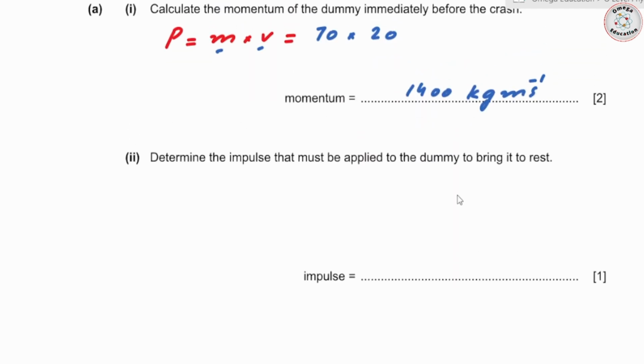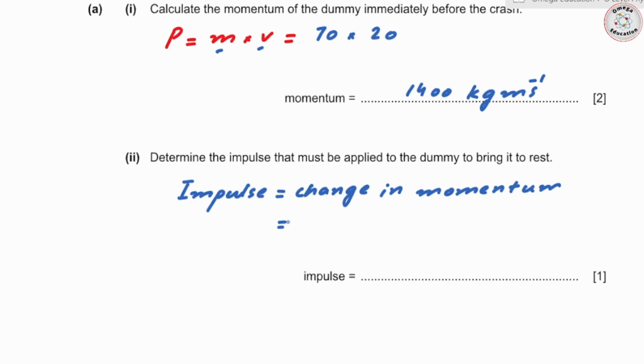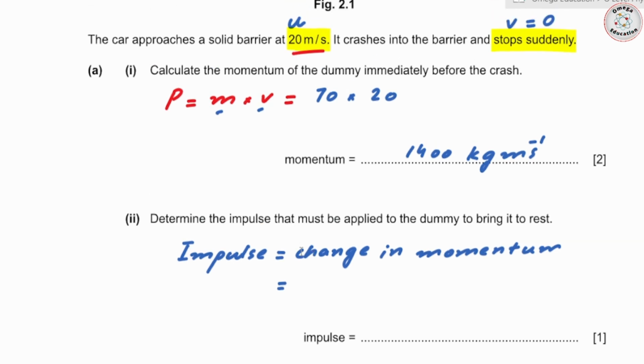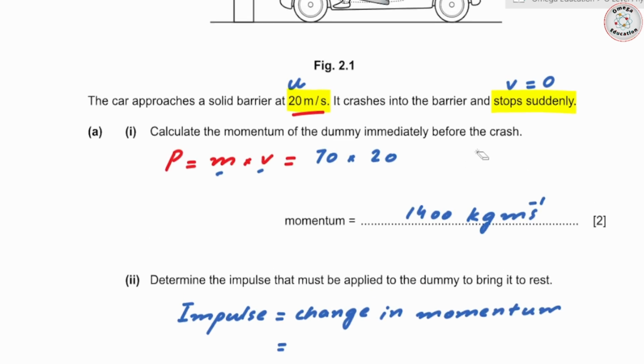It'll be easy to calculate impulse by using this formula. What was your momentum at the start, before collision? It was 1400. What was the momentum after the collision? Well, the car eventually came to a halt, so the final momentum would be 0.